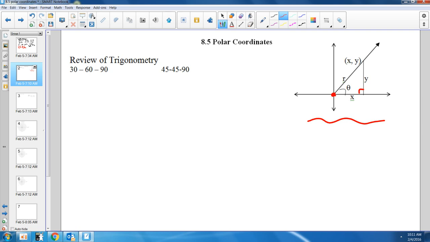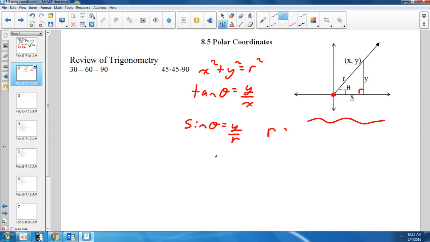We're just going to get these off of here, which we've had before. x squared plus y squared equals r squared. Tangent of theta is equal to y over x. And the last two more: sine theta equals y over r, which means r sine theta equals y, and cosine theta equals x over r, so r cosine theta is equal to x.